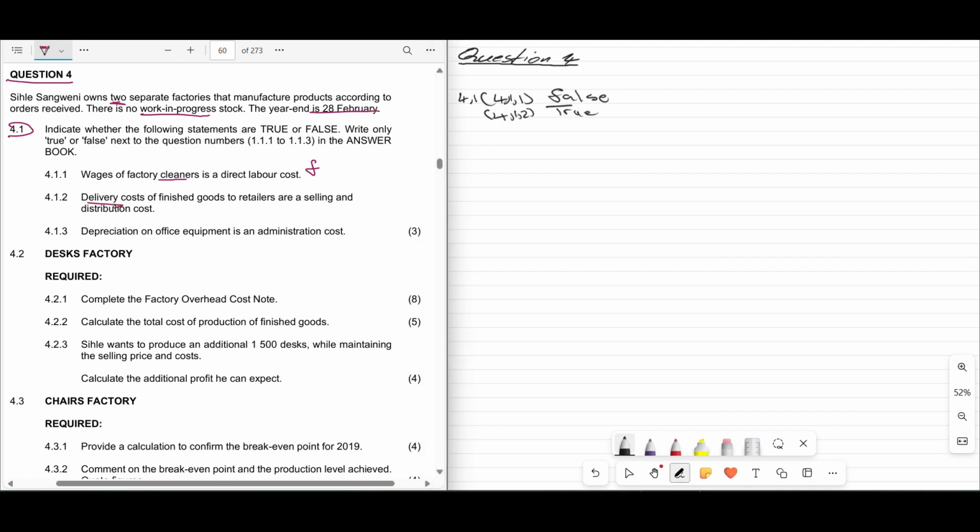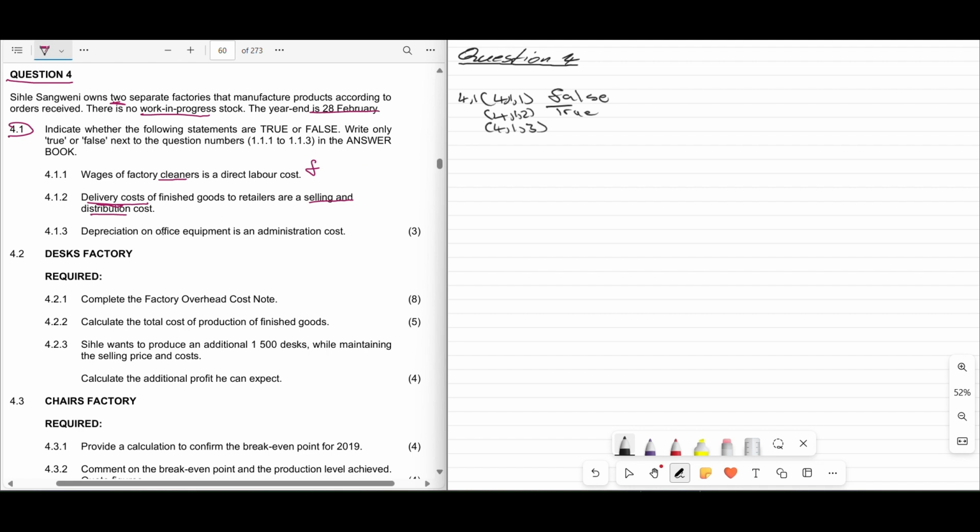You need to deliver, right? When a buyer comes to buy goods from you, you can still deliver those goods for him. That's what we call carriage on sales, that transportation cost.